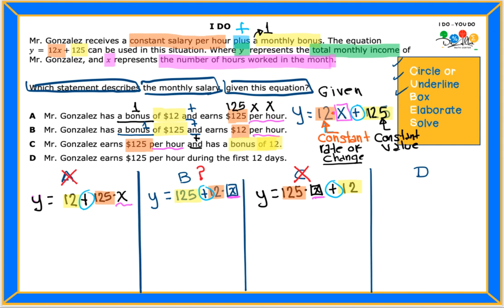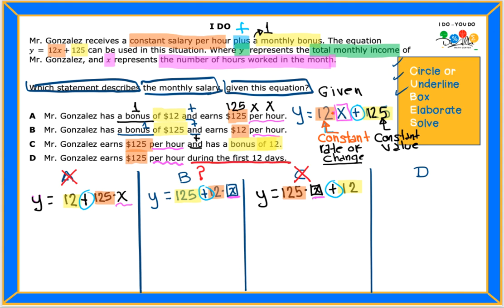For choice D, we have Mr. Gonzalez earns 125 per hour. Okay, so this is the rate of change, and it's gonna change depending on the hours during the first 12 days. So in 12 days.